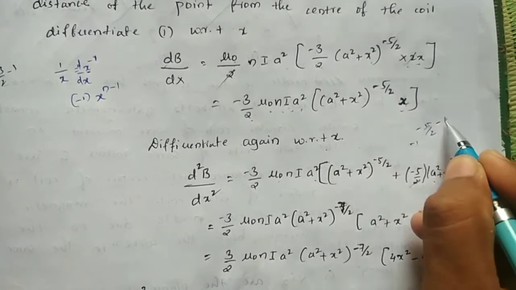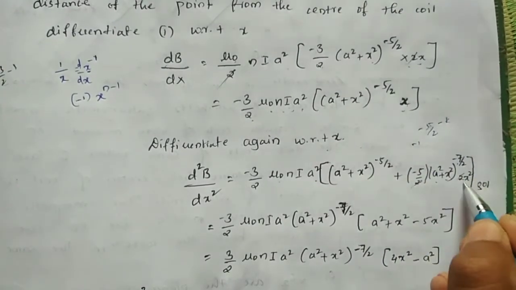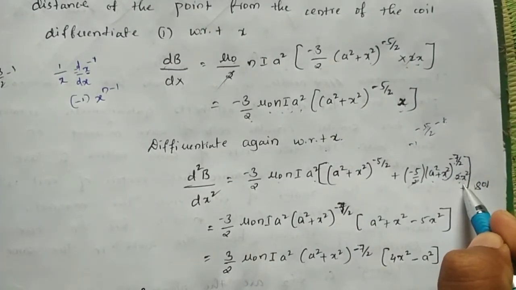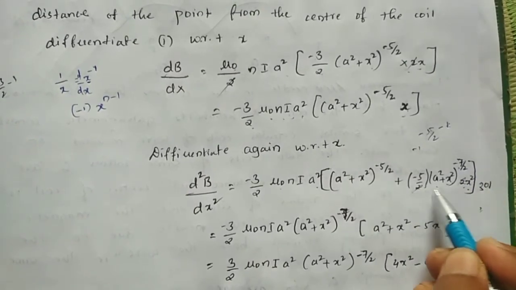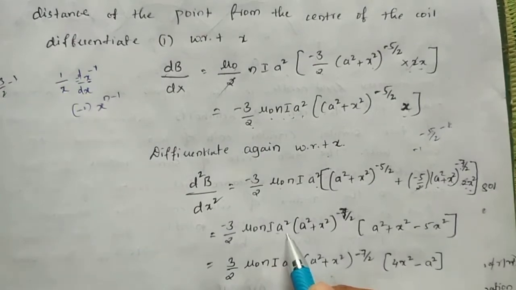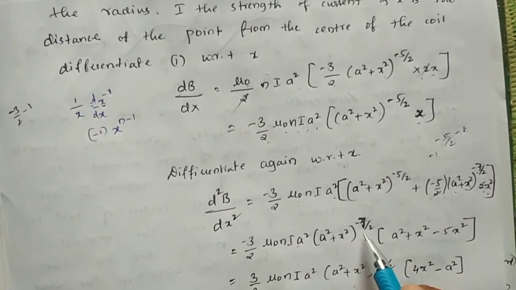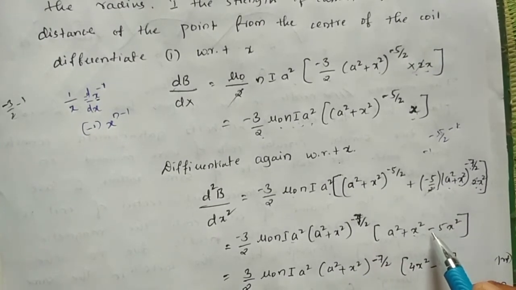So minus 2 minus 5 is minus 7 by 2 into 2x square. Okay, next these two will be cancelled here. So the remaining is minus 3 by 2 mu naught n I, (a square plus x square) whole raised to minus 7 by 2, (a square plus x square).